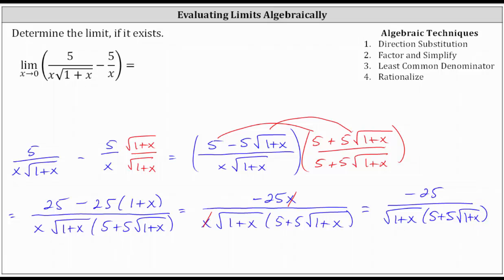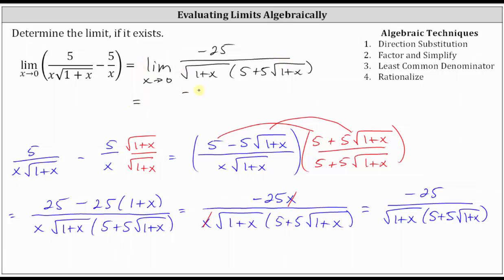So going back to the original limit, this limit is equal to the limit of negative 25 divided by the product of the square root of the quantity 1 plus x and 5 plus 5 times the square root of the quantity 1 plus x as x approaches 0. And now we can evaluate this limit by performing direct substitution.